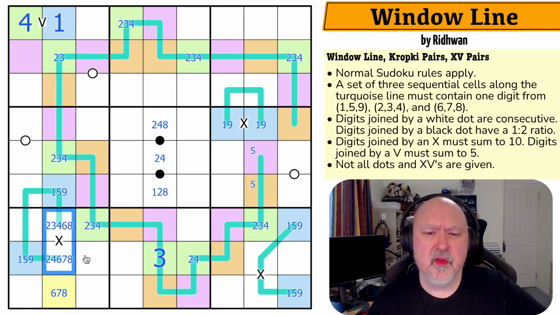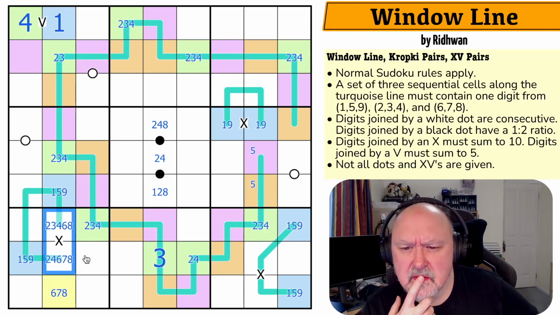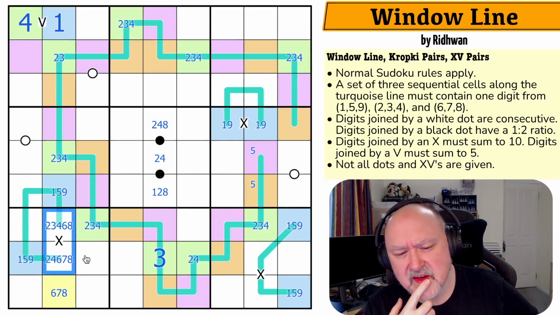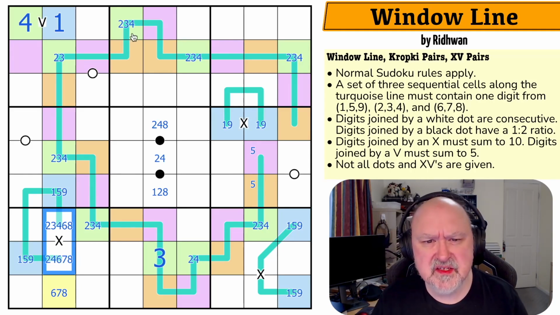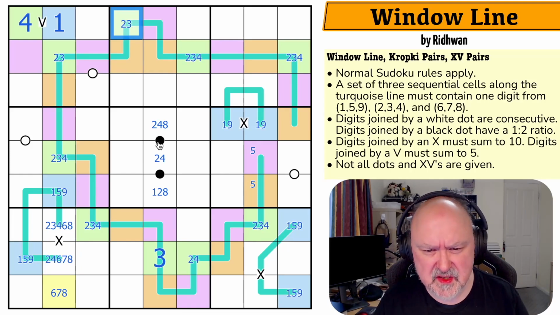Is it something about the way these dots interact with other constraints? Okay, there's no 4 here. Okay, that's a thing, but it's not a huge thing, I don't think.